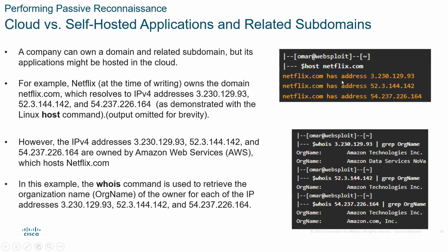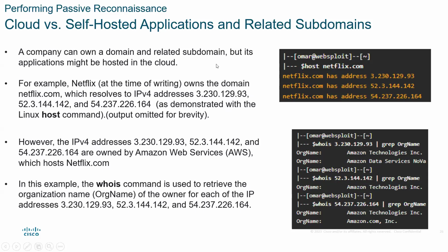Now, you realize that we're trying to find information about the domain netflix.com, and it returns 3 outputs. Netflix.com has these 3 addresses, right? At the time of this particular discussion, let's add that caveat, it also contained the curriculum there.